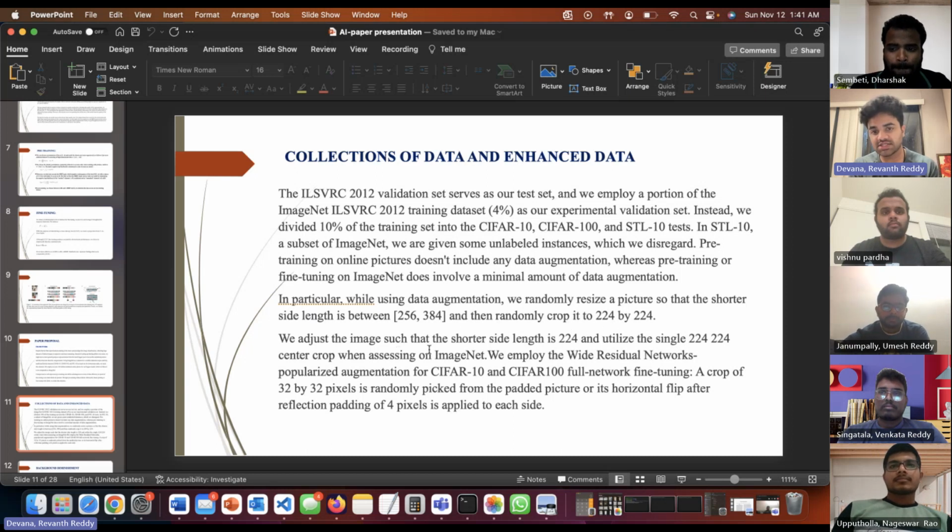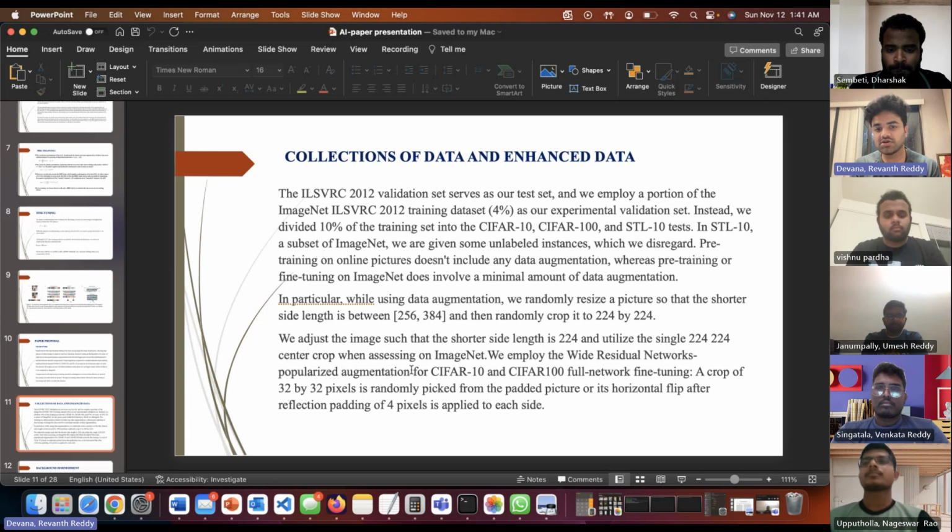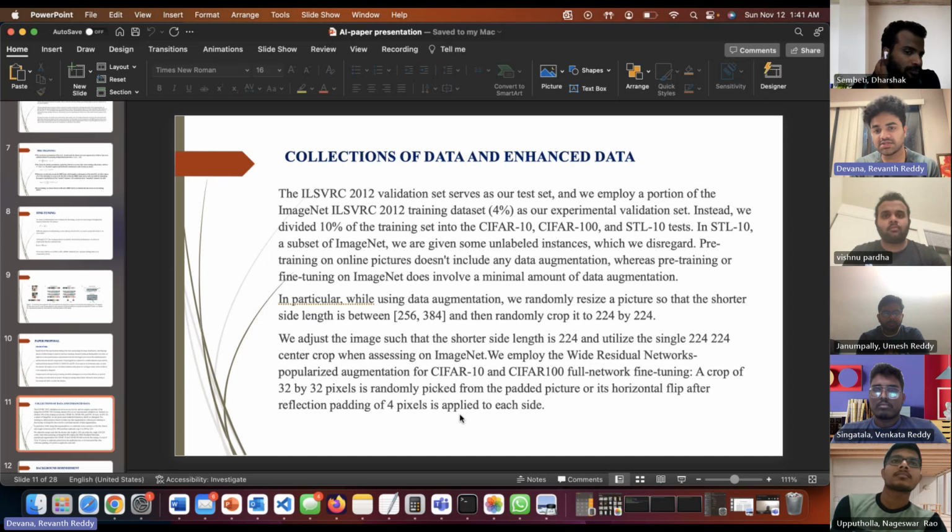We adjust the image such that the shorter side length is 224 and utilize a single 224 center crop when evaluating on ImageNet. We employ the wide residual network popularized augmentation for CIFAR-100 and CIFAR-10 full network fine-tuning. A crop of 32 by 32 pixels is randomly picked from the padded picture or its horizontal flip after reflection padding of 4 pixels is applied to each side.